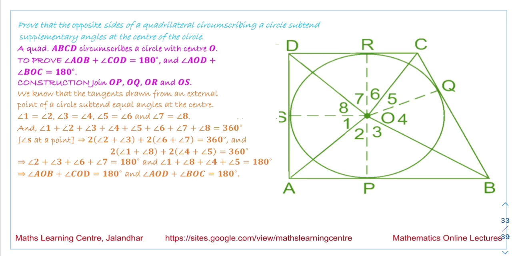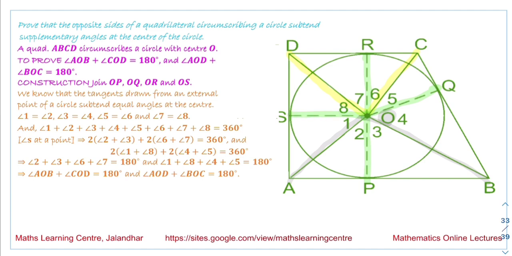So ABCD is a quadrilateral that is given and it is circumscribing a circle whose center is at this point O. We have to prove that angle AOB plus angle COD is 180 degrees, and similarly the sum of angle BOC and angle AOD is 180 degrees. To do this we have joined the points OP, OQ, OR and OS.